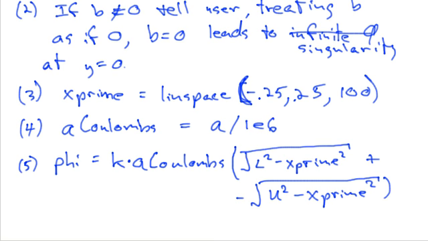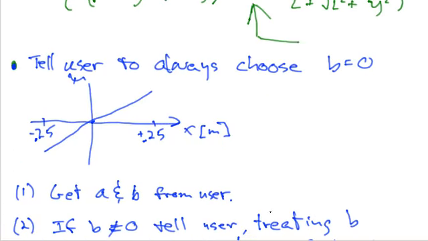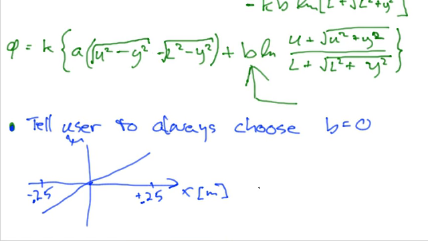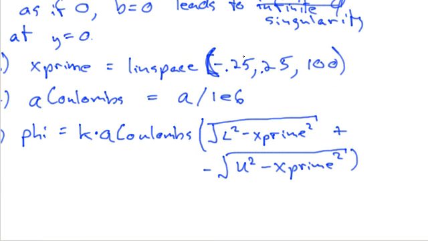Let's see if I've copied that down correctly. U squared, oh, minus y squared. X prime is what we were integrating over. That went away. So, got lots of stuff to fix up here.